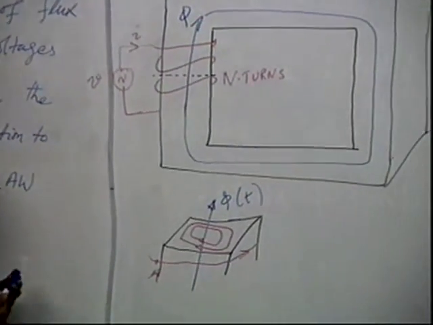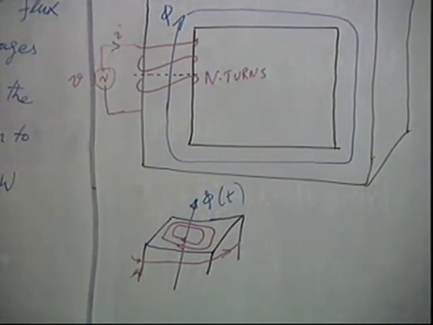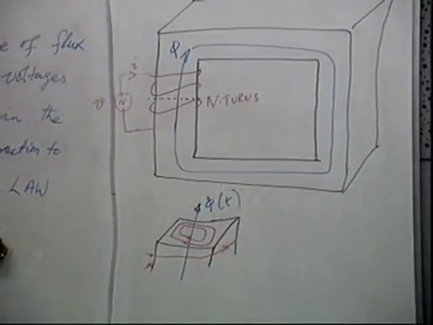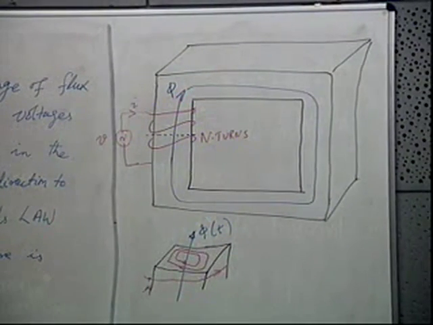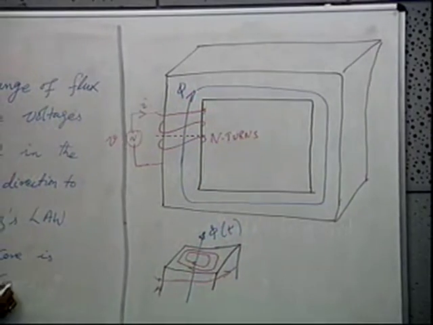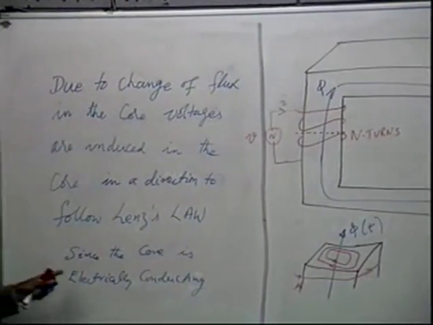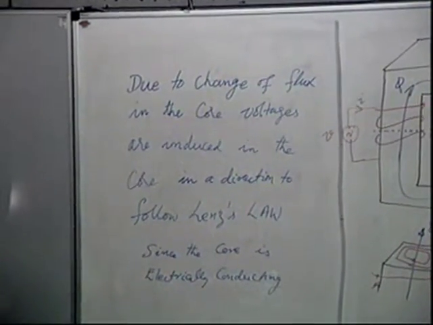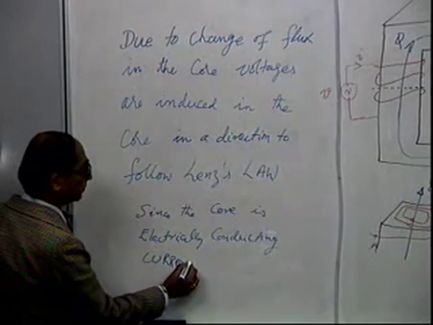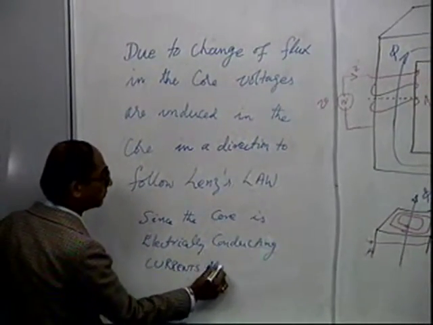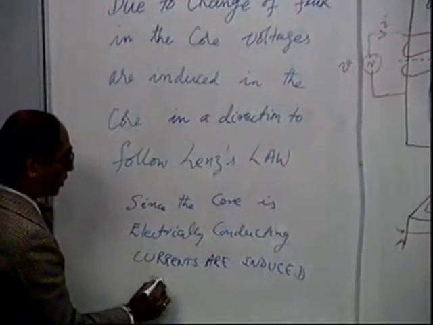Okay? So what we are trying to say is, since the core is electrically conducting, because it is a conducting material, silicon steel is a conducting material normally, currents are induced. Induced to oppose change of flux.